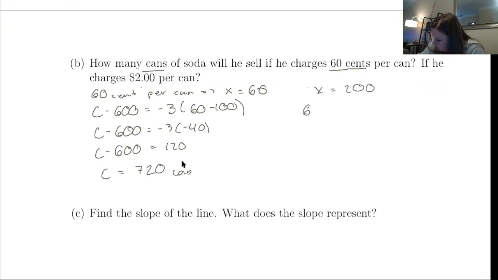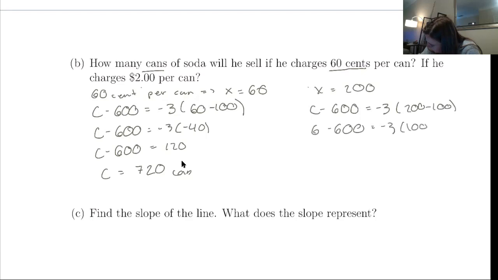So now we have C minus 600 is going to equal minus 3 times 200 minus 100, which is going to give me negative 3 times 100. So C equals negative 300 plus 600, which is another 300 cans.